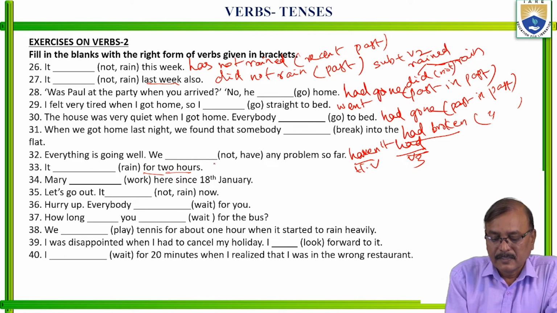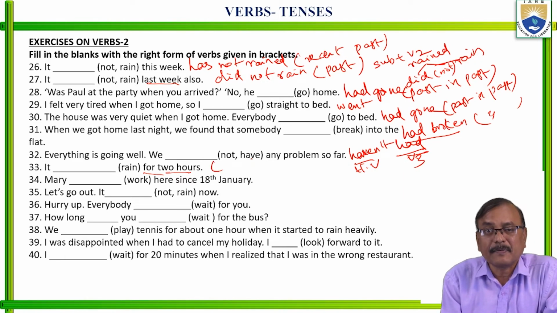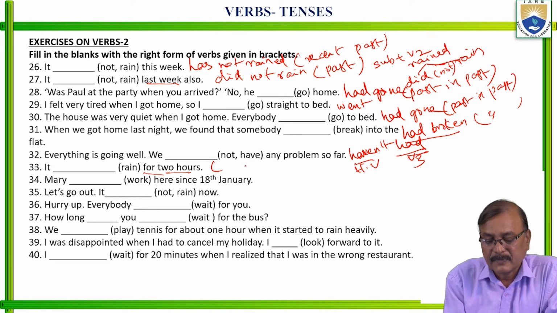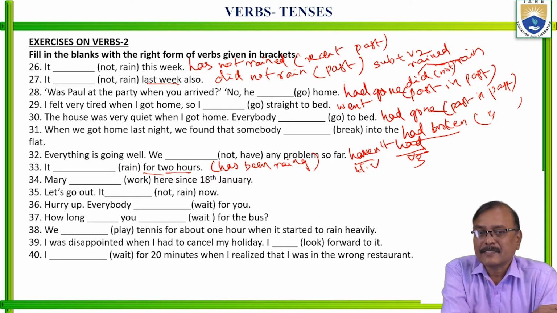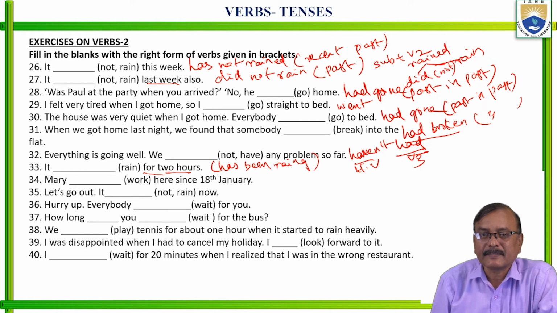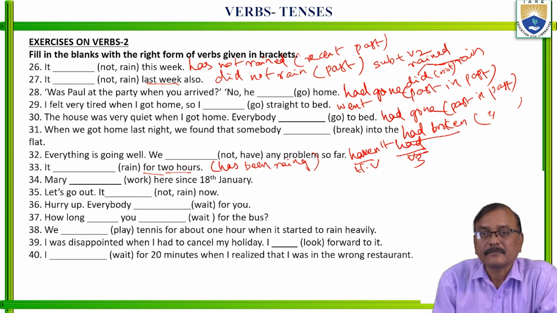So this is present perfect continuous tense. For plus time or since plus time. So it has been raining here for 2 hours. It started in the past and is continuing at present. And the hint is for plus time.